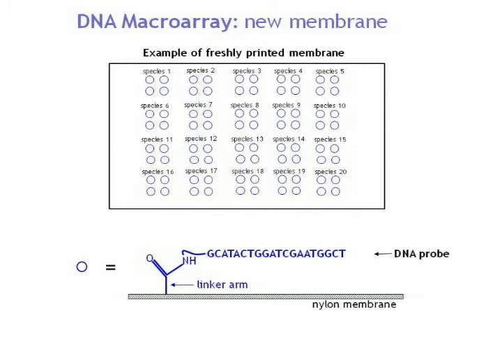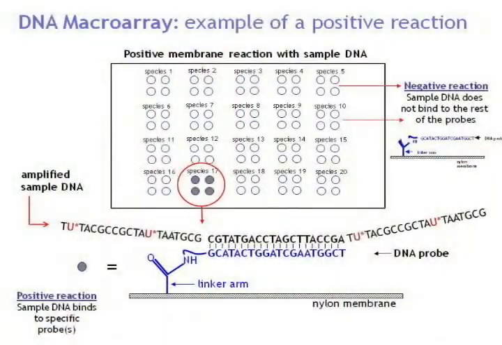And when you have a positive reaction, you're going to have gray dots that are produced when you're exposing these membranes on an X-ray film or to a digital camera. And the way that occurs is that we've taken sample DNA and amplified it with PCR and simultaneously labeled it with a DIG-dUTP molecule.